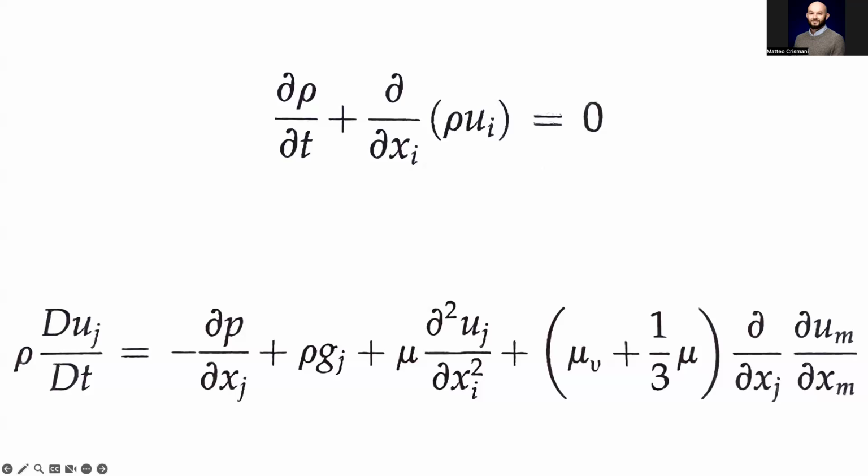Good. So what does that look like? What? The anti, so this is d rho dt.